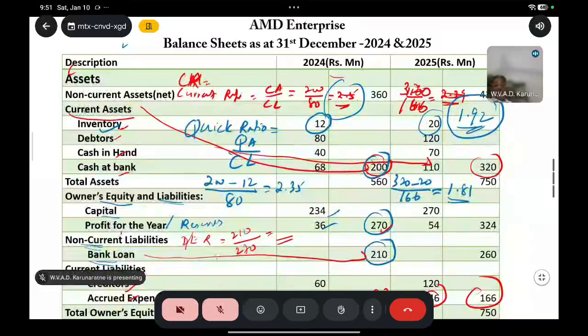This is for year 2024. For 2025, you can see here, this one is 260 debt capital or loan capital, equity capital is 324. So tell me the answer, previous one.